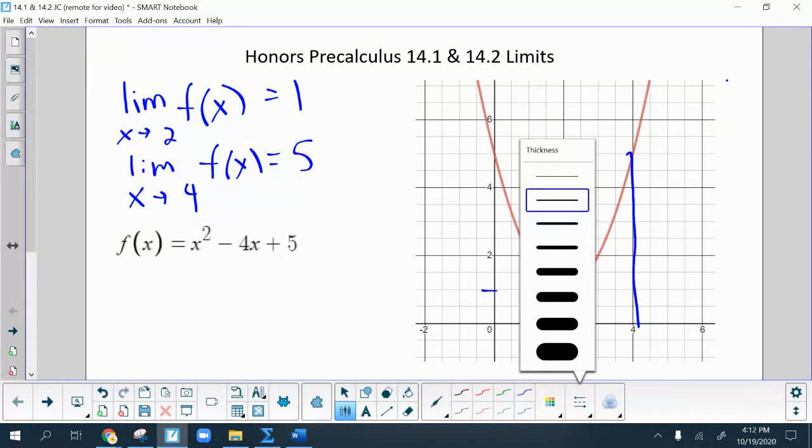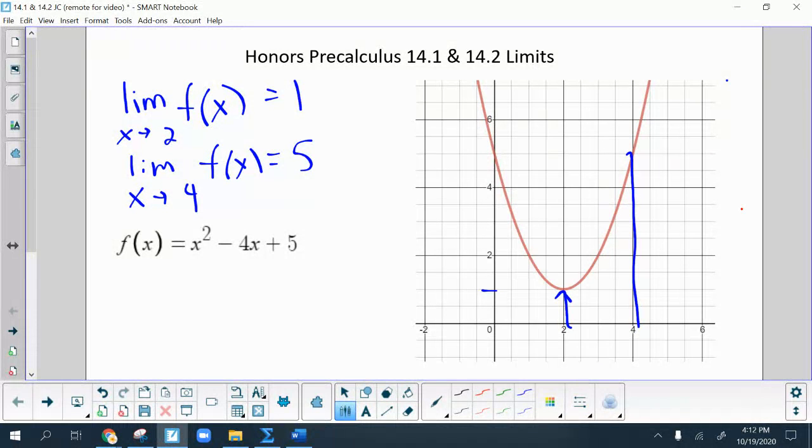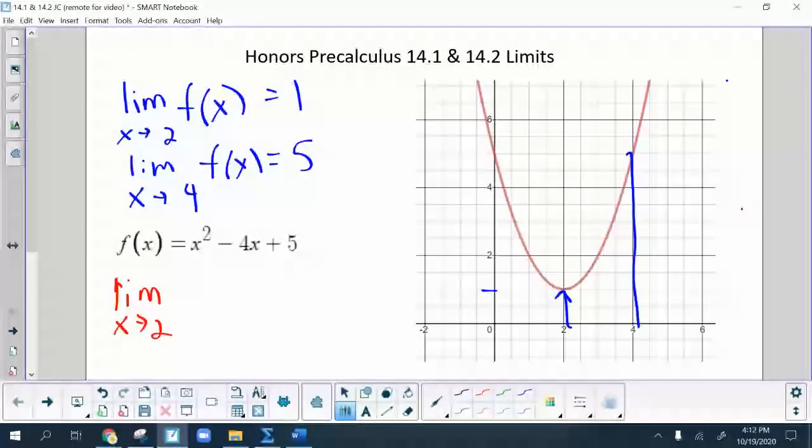So we can do problems like this simply by doing some basic substitution. I am asking you the question, the limit as x approaches 2 of this function. So there's the function again. And what we'll do is we'll just substitute 2 in for x, because that's all this really is, just a point on the graph.